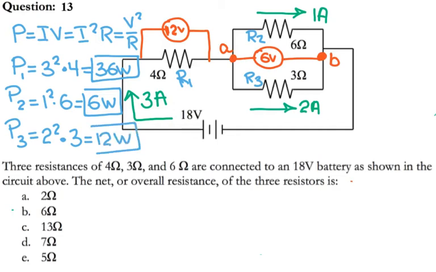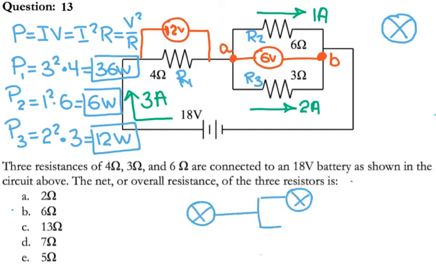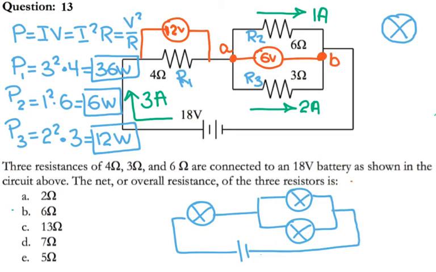And if every single one of these resistors was a bulb, the circuit would look like this. So if I had a light bulb, and another light bulb, and another light bulb, and all of that connected to the battery, then the brightest would be the first one because its power is 36 watts.